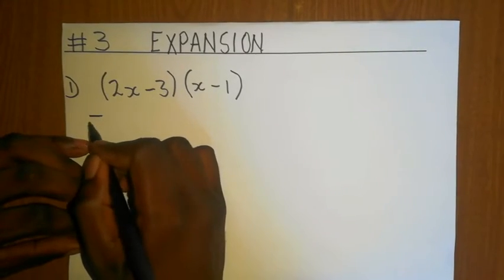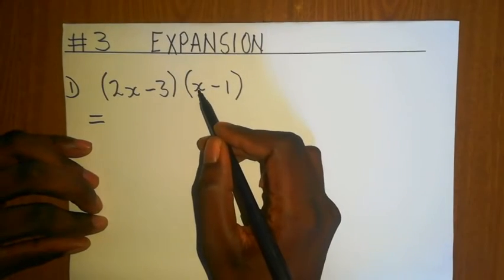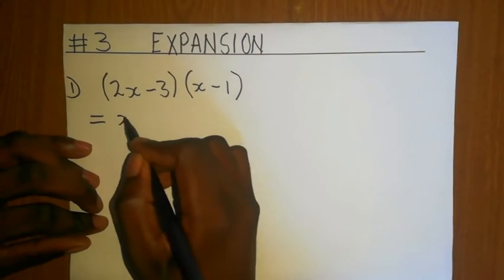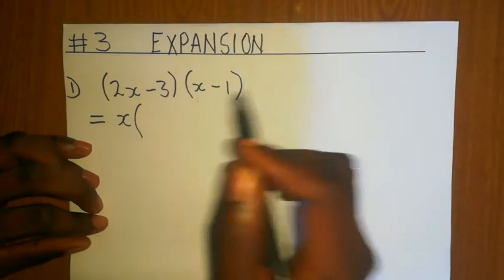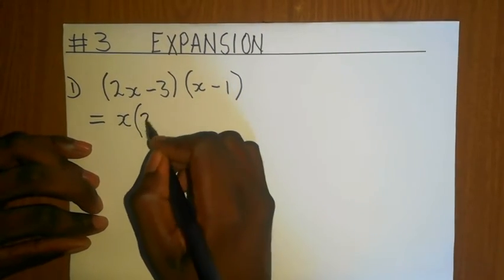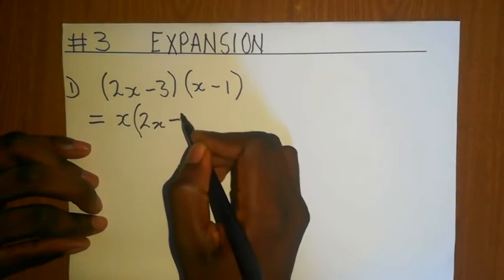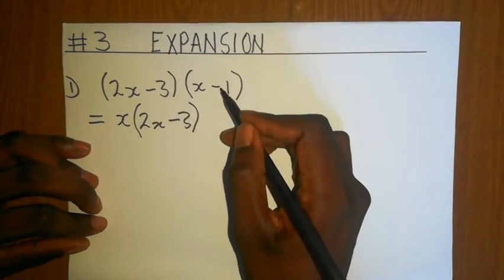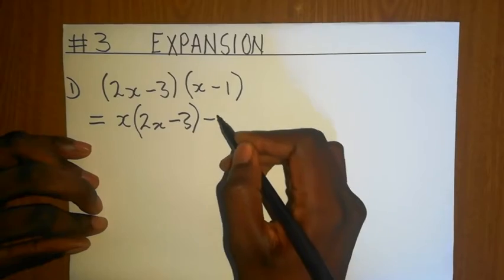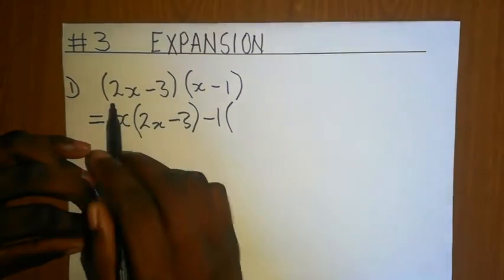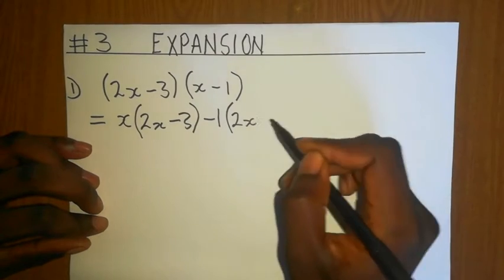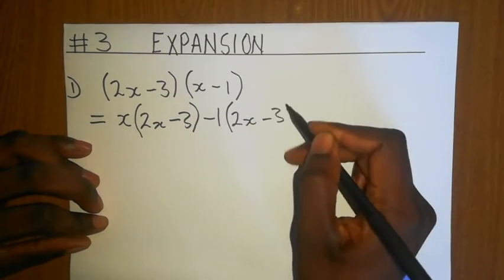It's equal to, I'm going to factor everything found in the second bracket, so that's x, then I'll use the first bracket, 2x minus 3, then close. Then I'm going to factor out this negative 1, minus 1. Again, I'm going to repeat that first bracket, 2x minus 3.